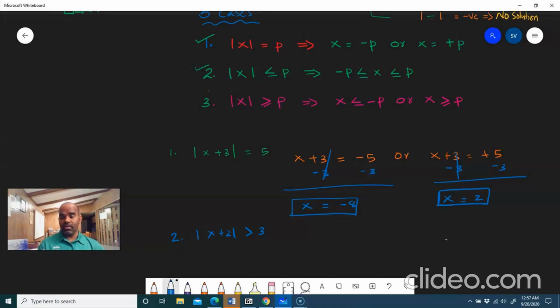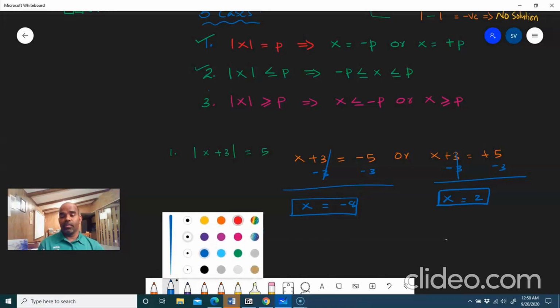So this statement means that the distance from 0 for this argument is greater than 3 units. Sometimes it will be in the positive direction, or in the negative direction. So how can we eliminate the absolute value sign for this particular problem?